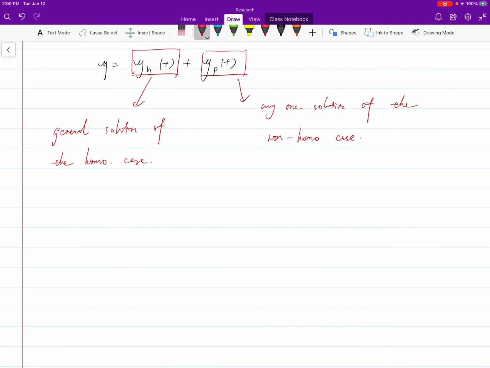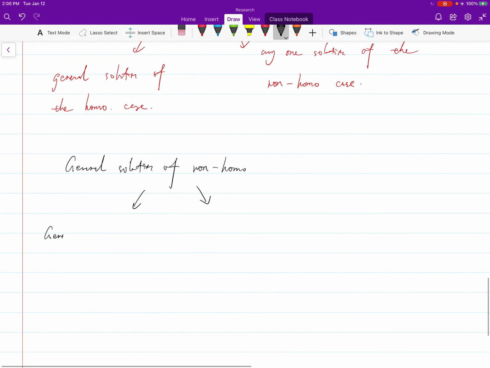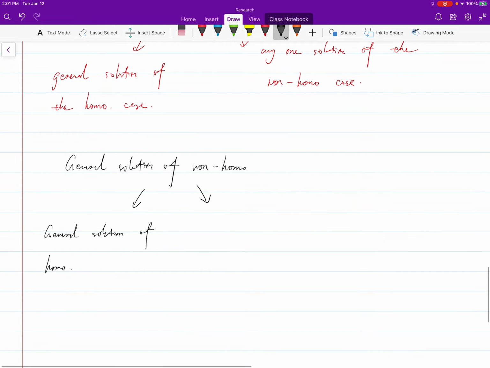Okay, so we kind of divided the task of a general solution for non-homogeneous case into two steps. The first one is general solution of homogeneous, which is hard, but easier than finding the general solution of the original one, because homogeneous case is easier than the non-homogeneous case.